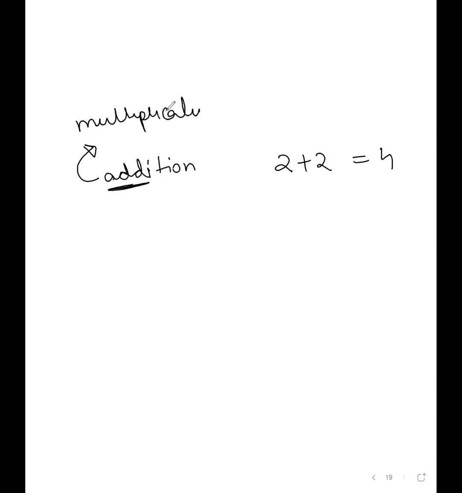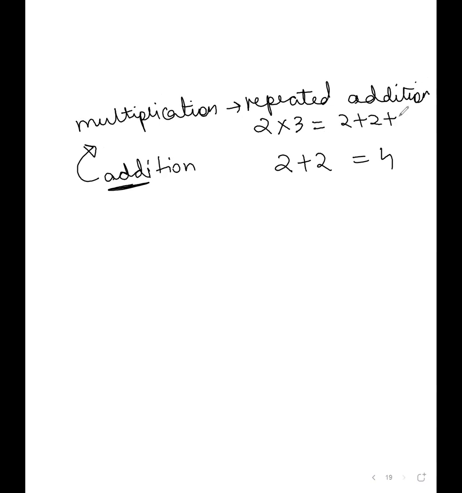Multiplication is nothing but repeated addition. What does that mean? If I say 2 multiplied by 3, that means 2 plus 2 plus 2. Yes? This is equal to 6.